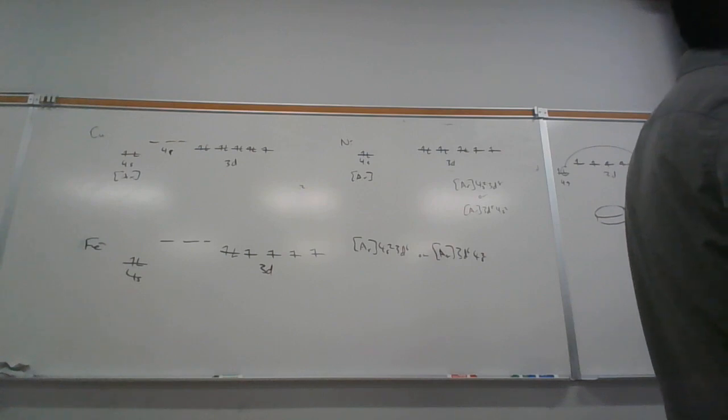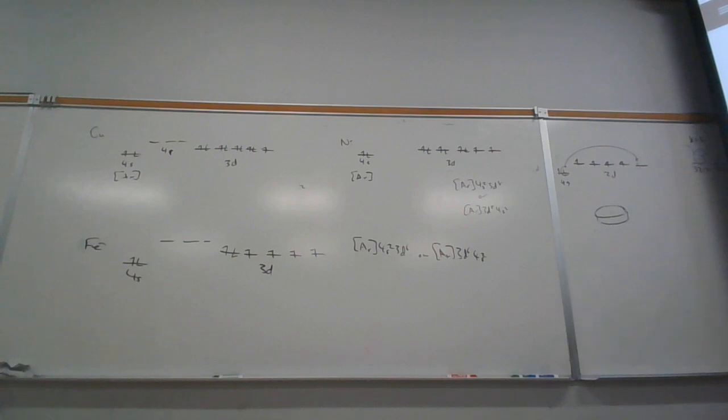Yeah, no, I get that. I was just trying to understand why one is neon. Well, anything you describe in the second row will be helium. Anything you describe in the third row or the third shell will be neon core. We're in the fourth shell, so everything's going to be argon core. In the fifth shell, everything's going to be krypton core. Got it.